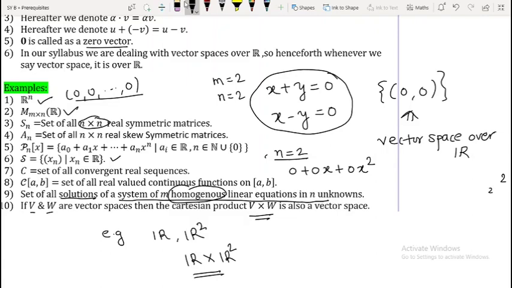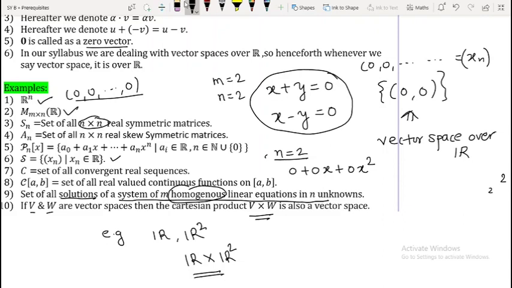For the set of all sequences, our 0 vector is the 0 sequence, which I will call xn equal to 0. This 0 sequence is going to be the 0 vector for the sixth example. Similarly for the seventh one, the set of all convergent real sequences, it is going to be a 0 sequence. For the eighth one, it is going to be a 0 function.